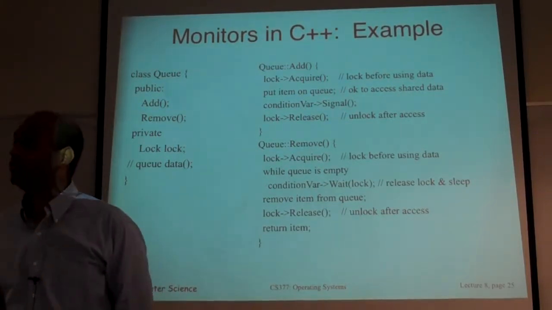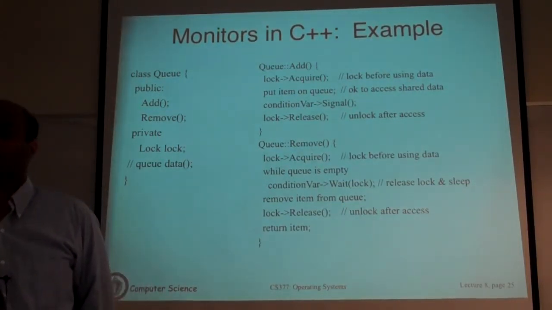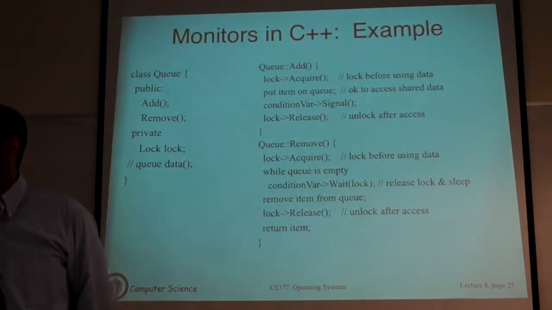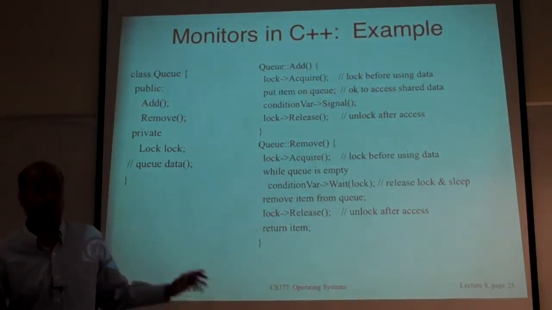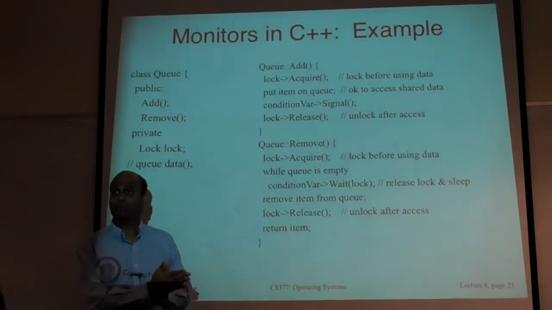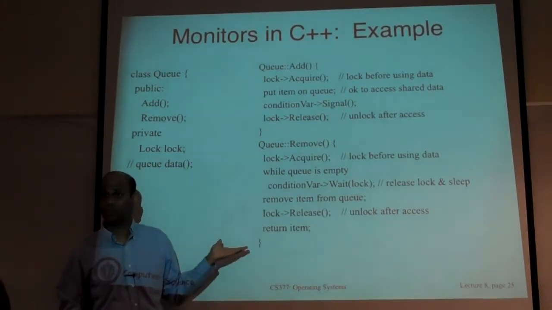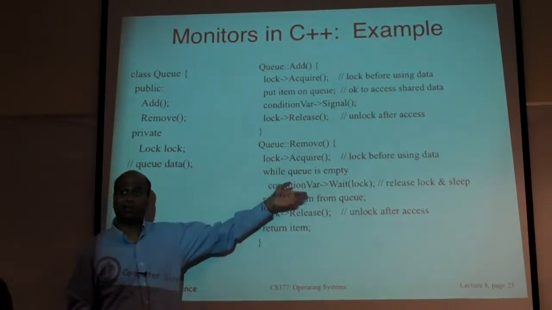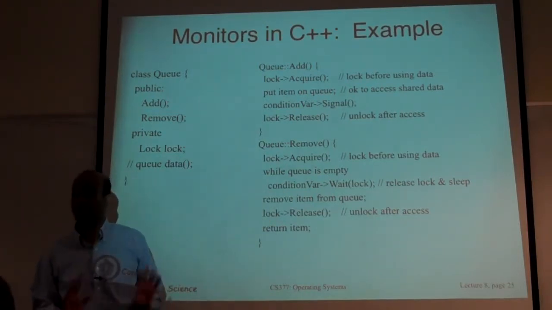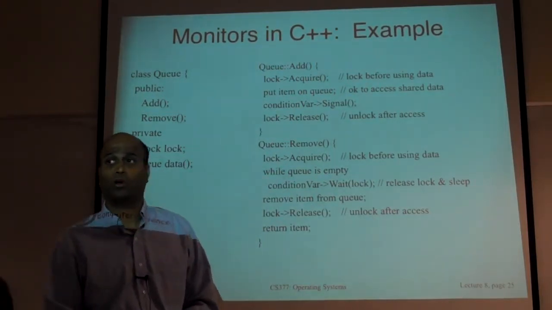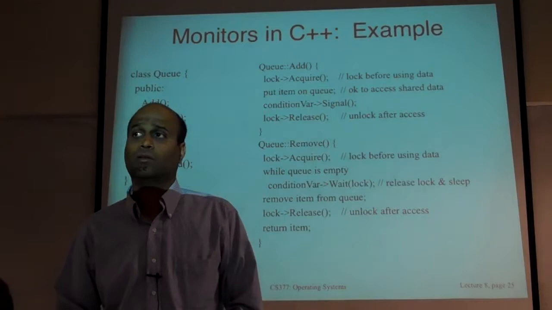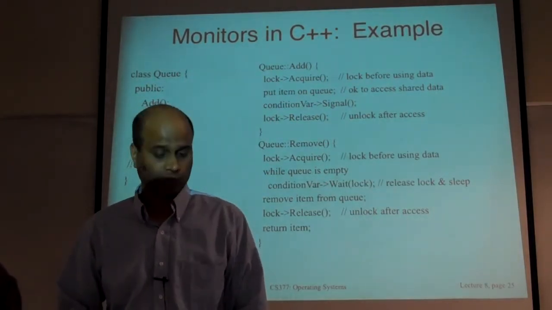And this is how you would use monitors in C++. This is not pthreads code, but if you actually write this in C++, you will use a library such as pthreads. There are equivalent method names for that, but the code is very similar to what I have here.